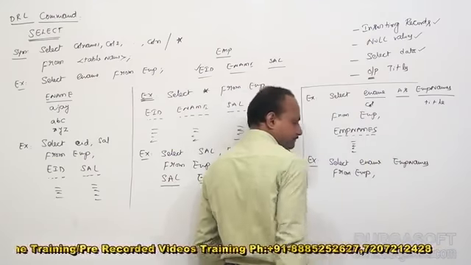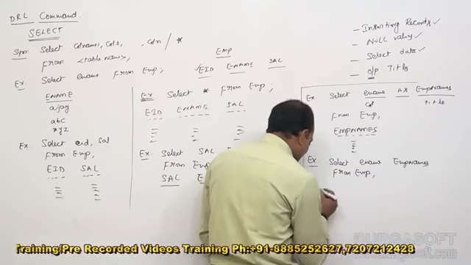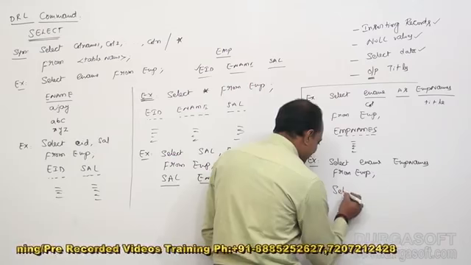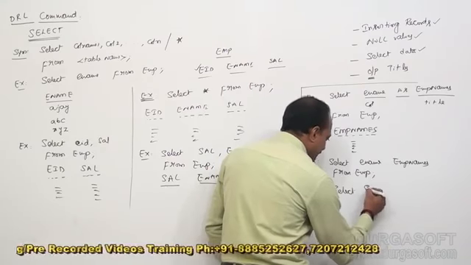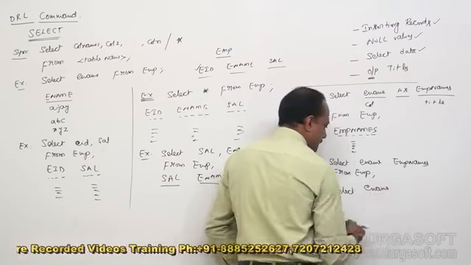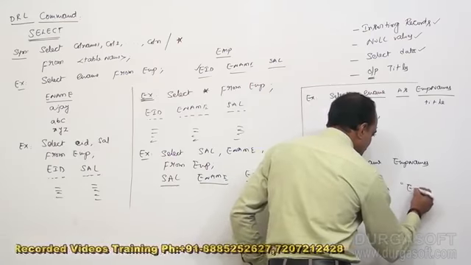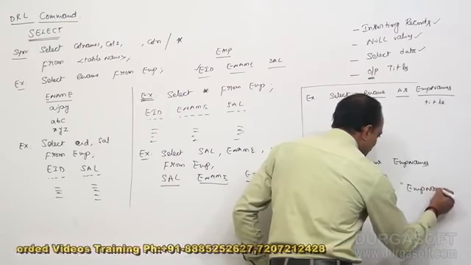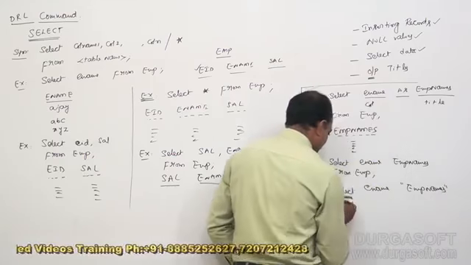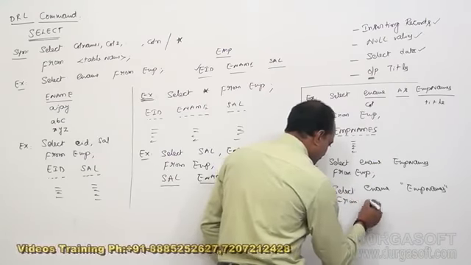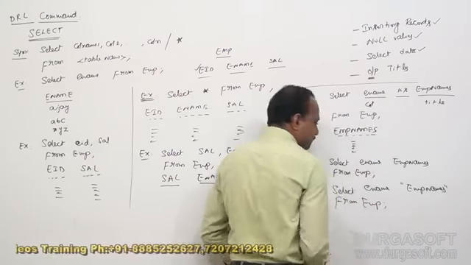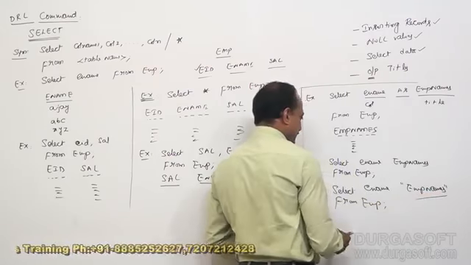Same output. Another model: select e-name, space, double quotes EMP names, from EMP. The same output title, EMP names, it will maintain.